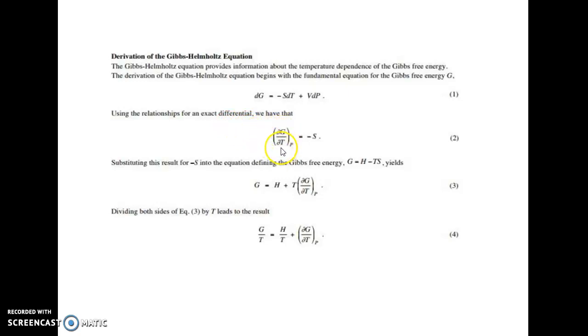(dG/dT) at constant pressure will be equal to minus S. Here S is the entropy, T is the temperature, P is the pressure, V is the volume.